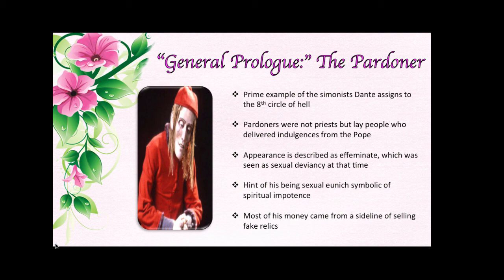Now, as we're going to see when we study the partner, he would visit mainly rural parishes, and he would dupe uneducated but very devout country people out of what little money they had by, first of all, selling fake indulgences, which condemned them to hell as well as took their money, selling fake relics, and by his sermon.